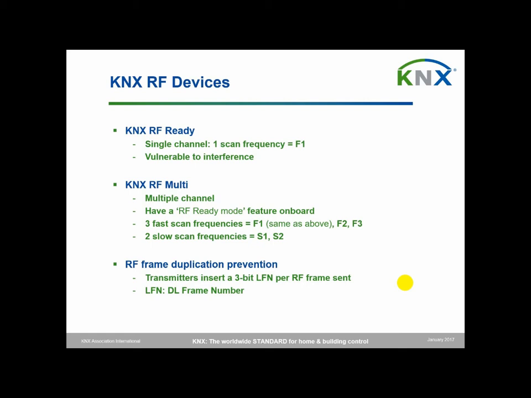RF multi devices have 3 fast scan frequencies, of which one of the scan frequencies is exactly the same as for RF ready. You see here F1, also here F1, same as for RF ready, and then there's F2 and F3, other fast scan frequencies, in order to avoid problems because of interference, and also 2 slow scan frequencies.